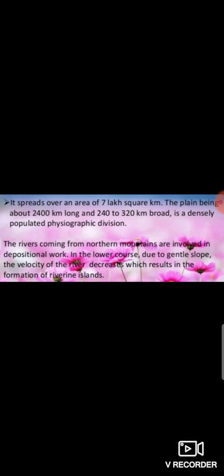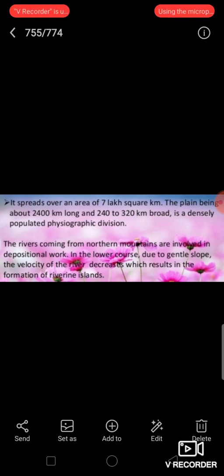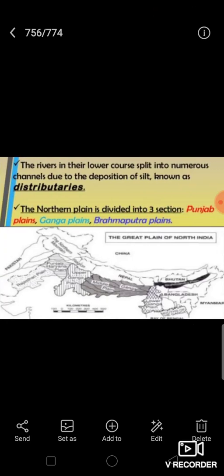In the lower course, due to the gentle slope, the velocity of the river decreases, which results in the formation of riverine islands. Now, the rivers in their lower course split into numerous channels due to the deposition of silt, known as distributaries. The northern plain is divided into three sections.